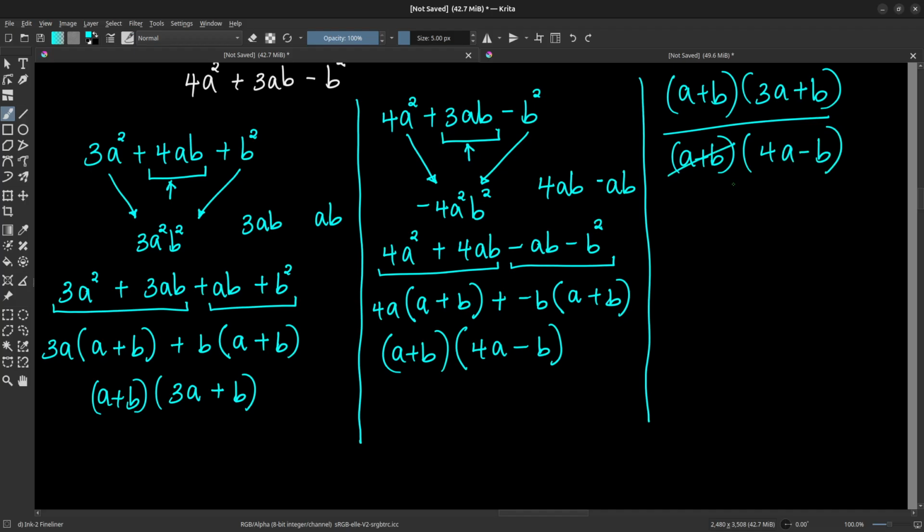So a plus b divided by a plus b is 1. In the numerator, we are left with 3a plus b, and this is all over 4a minus b. And this is the answer.